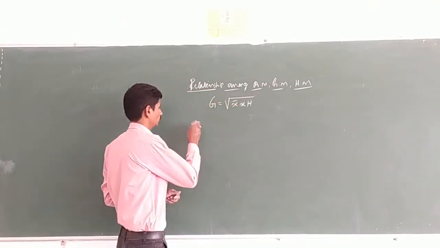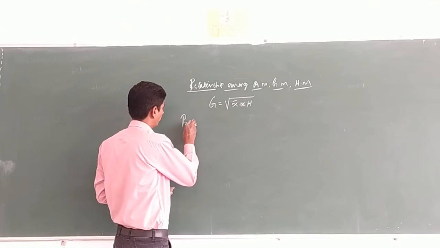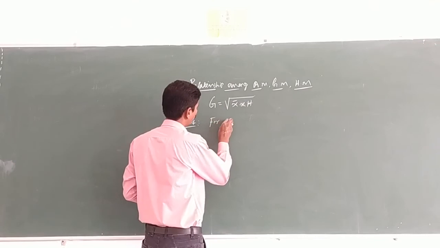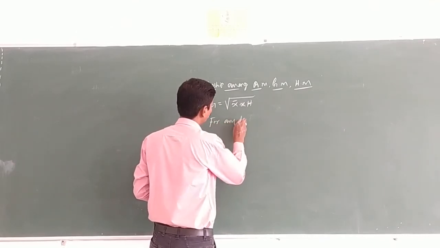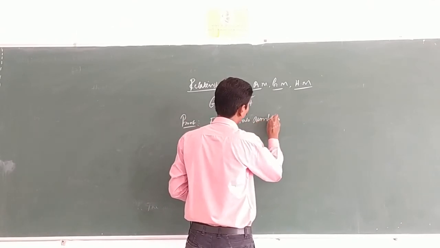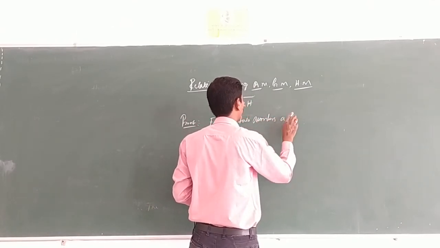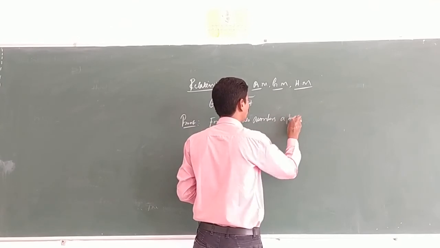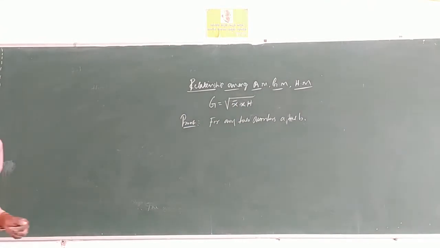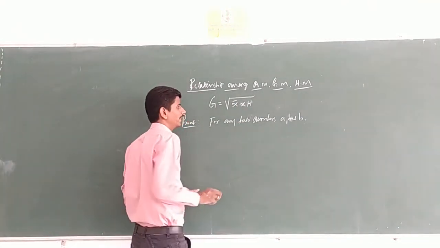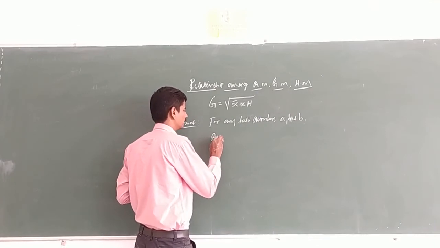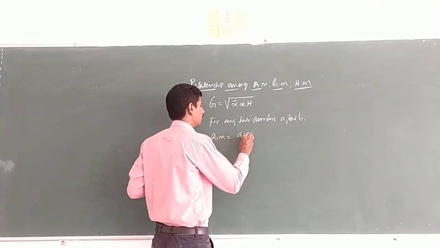Okay, proof. Take any two numbers A and B. Then AM, the arithmetic mean, is A plus B by 2.